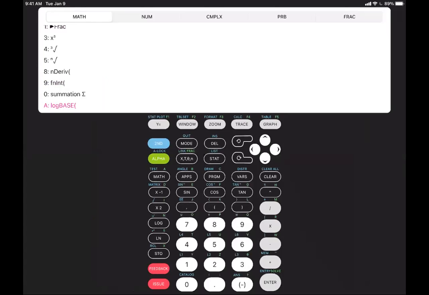That's the change of base formula in your calculator. So again, that's underneath math. Math is found right underneath the alpha button on the left side. And then you're going down to the letter A. You might have more options than I have in your calculator, so you might have to scroll down a little further to get to A.